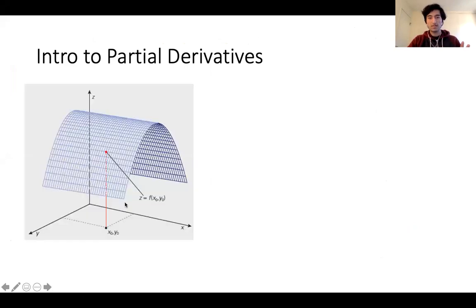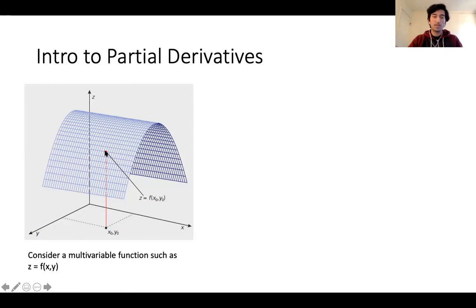First, let's consider a multivariable function like the one that you have here. In single variable calculus, you're used to seeing functions like y equals f of x. And in those cases, when you wanted to ask how does y change in relation to x, you would just take the slope at any given point on the graph. But when you have some function like z equals f of x and y, it's hard to say how does z change, because there are different variables that influence it.